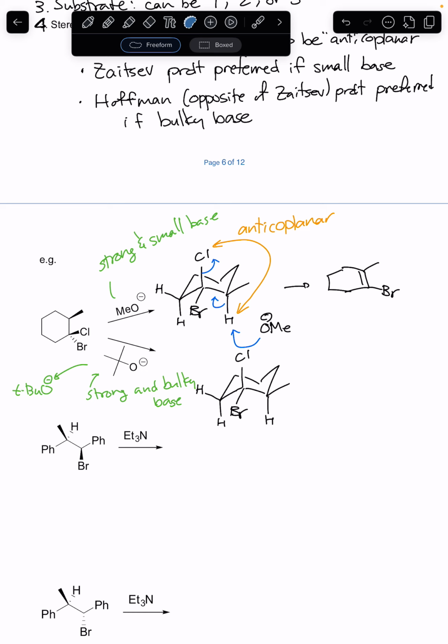Well, because it's bulkier, right? Remember, this is CH3, so there's a bit of bulk here. It would be difficult for a bulky base to grab this proton because this is kind of crowded with the methyl group.